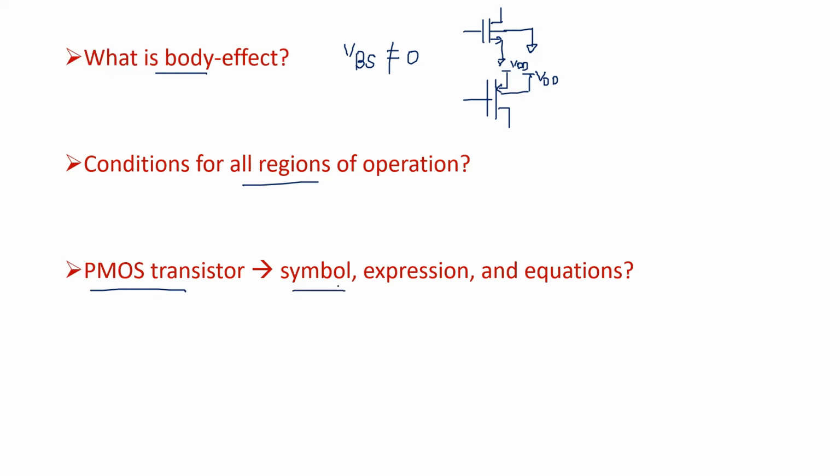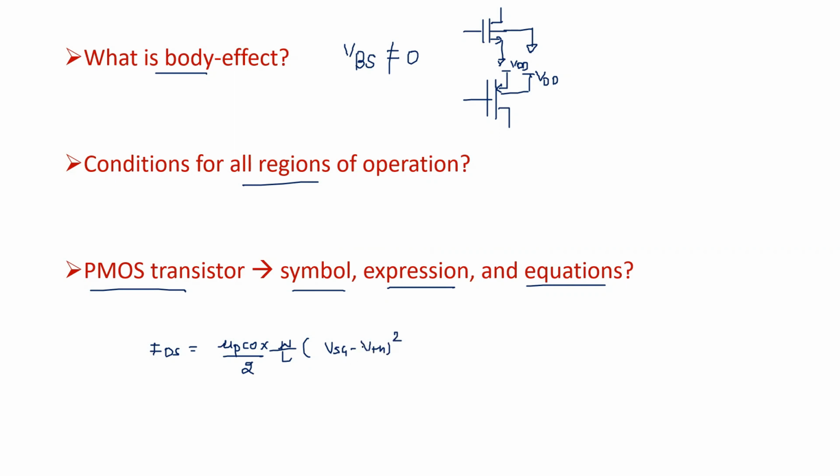So please look at the symbol, expression, and equations. For the PMOS, there is a slight change in the equation. In general, in the saturation region, IDS is mu p COX W/L divided by 2, times VSG minus VTH whole square.